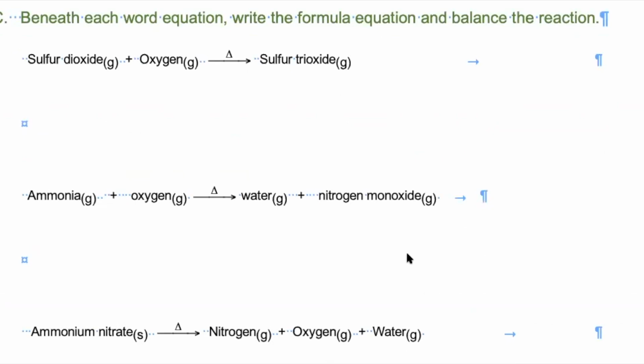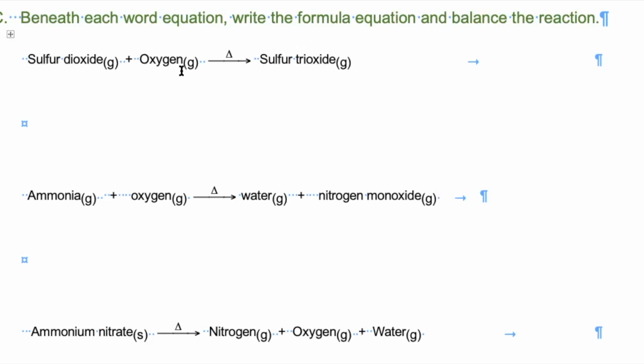This right here is the name, sulfur dioxide, SO2, plus oxygen. Again, it's not oxygen the atom, it's oxygen the molecule, O2. We're not going to tell you O2 when we say the reaction. We're just going to say oxygen, and it's up to you to know it's O2. It's the way it's found in nature.